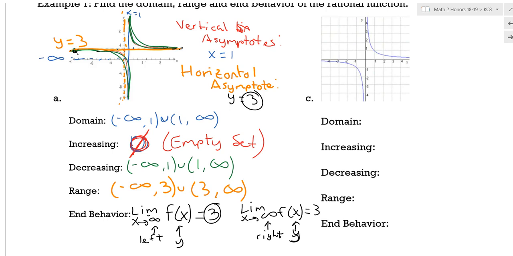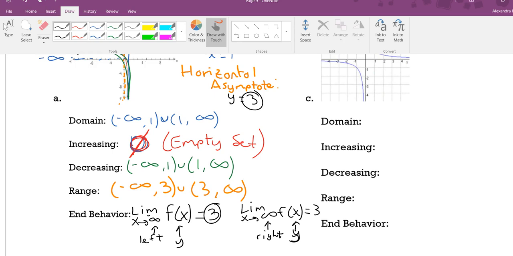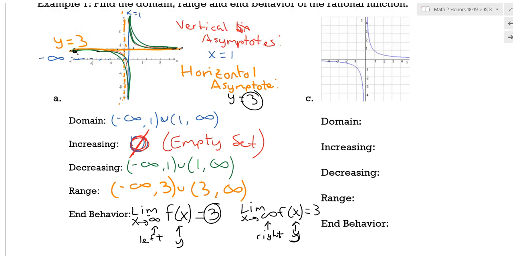All right, let's look at another one. So my vertical asymptote. Right, you can kind of see it's the line between these two pieces, but they don't touch. It's right there. That's passing through the x-axis at x equals 0. So for my domain, I can go from negative infinity until I hit the fence.